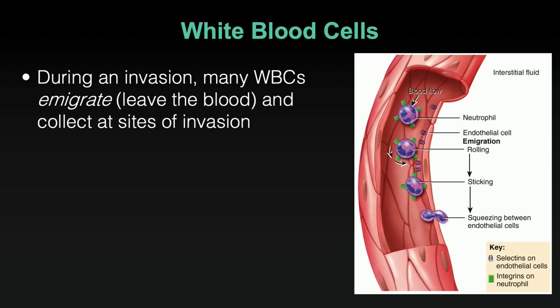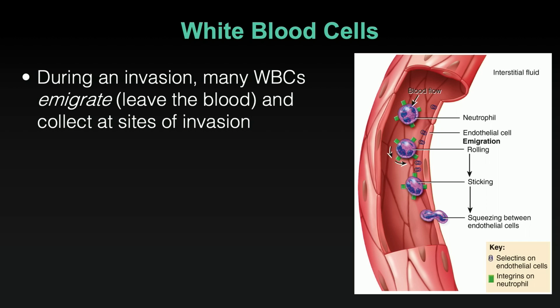And from there, those cells enter the blood and travel throughout the vasculature. And they can be induced to target and move to sites of infection from the blood. It's a process called emigration.